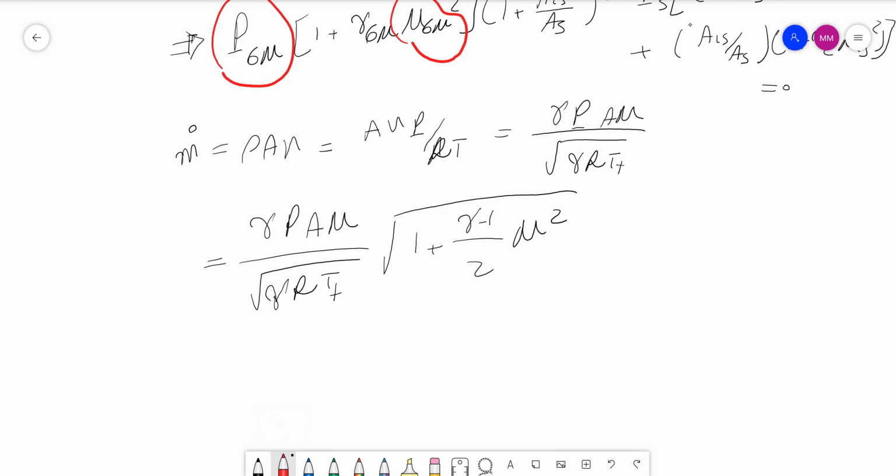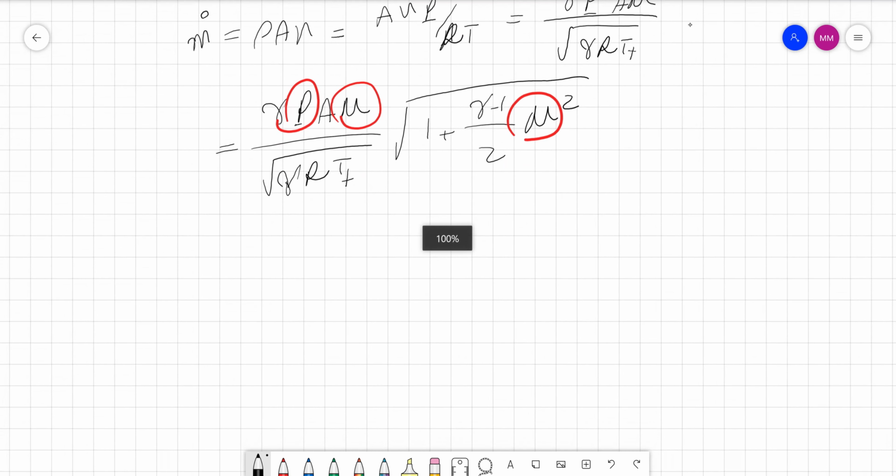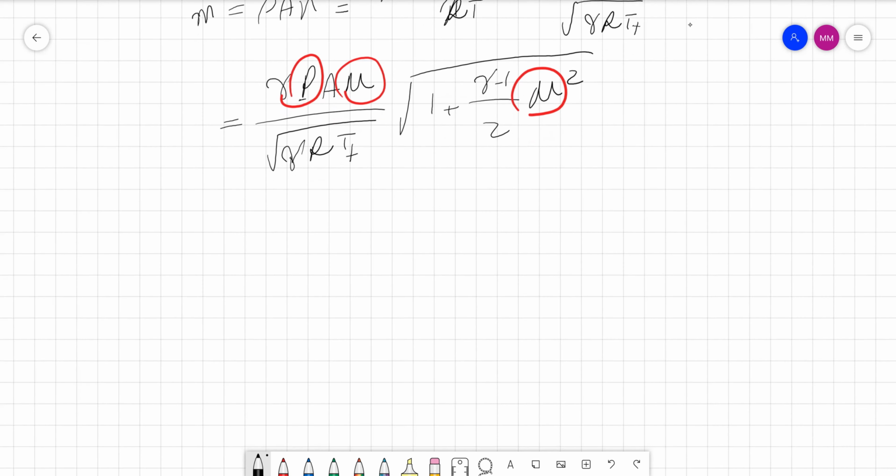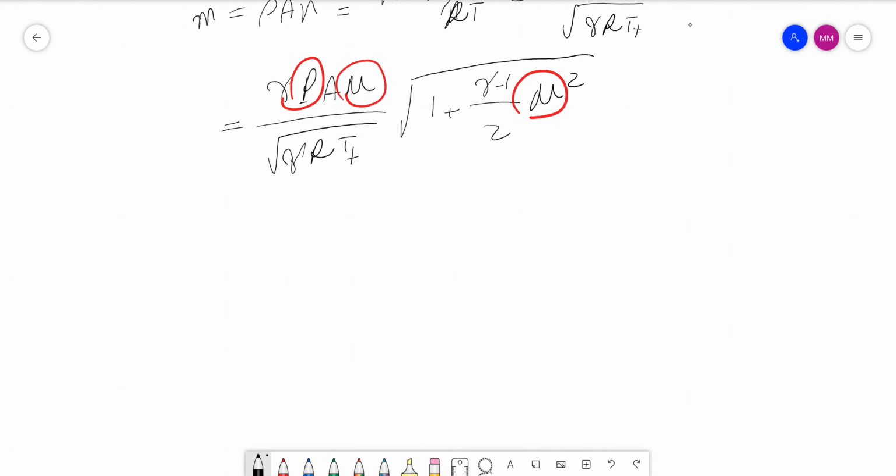It tells you that if you write the conservation of mass equation, your only unknowns are going to be your Mach number as well as the pressure. Okay, so we have our solution, right? We have one equation, the momentum equation, and the other one we want to derive is going to be your conservation of mass equation.